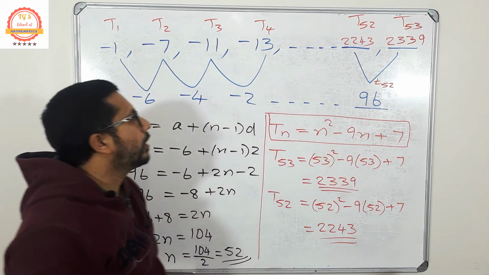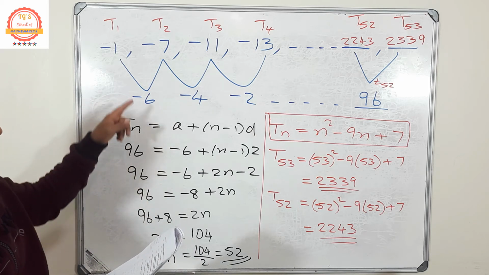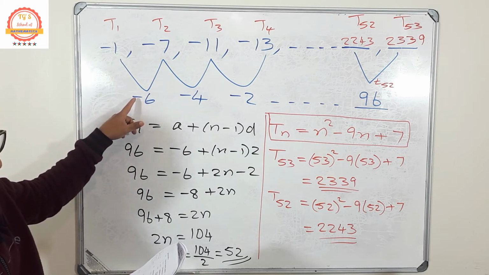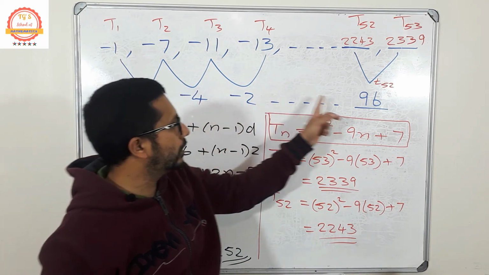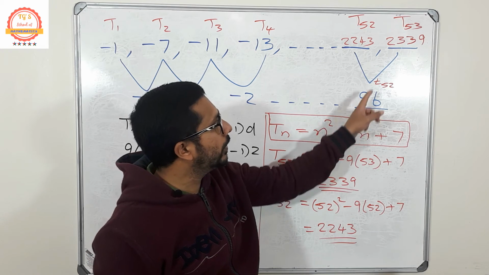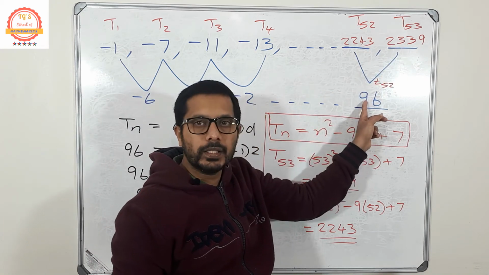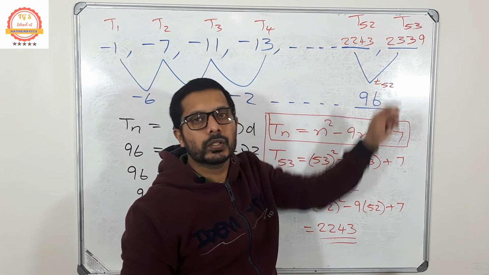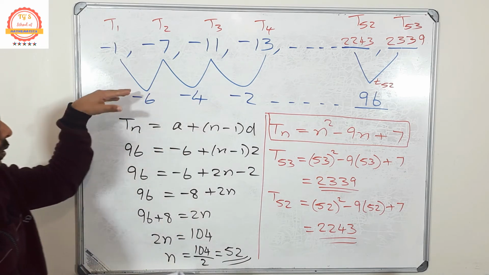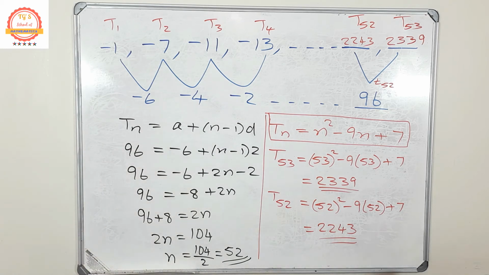Okay, so listen once more to that question. What is the question? The first difference between two consecutive terms of the sequence is 96. You have to find what are the values of these terms. So what we did first, you know that this one is an arithmetic sequence. In an arithmetic sequence, how can you find the nth term?